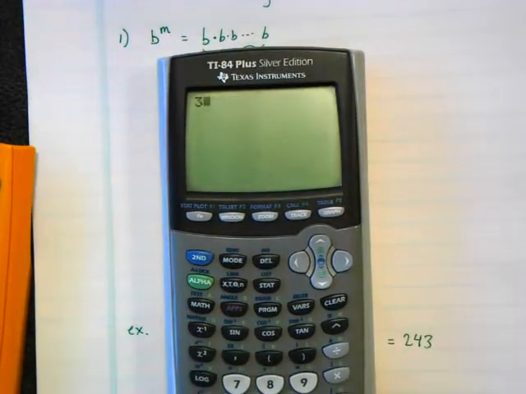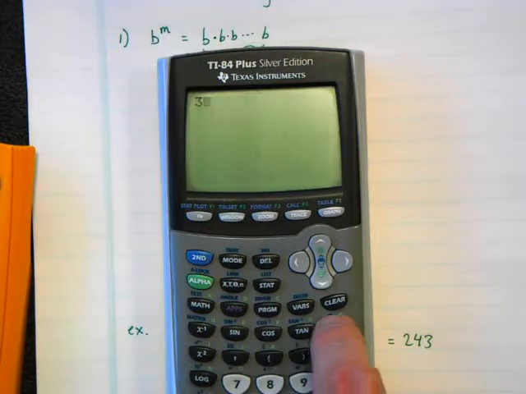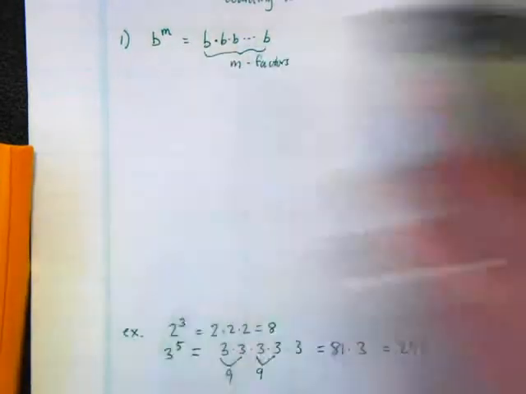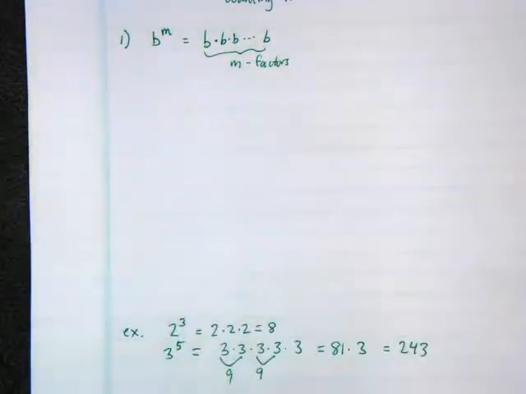It's called caret. It's this little thing here right above division. And on my calculator, I have the newer operating system. It actually puts the 5 up there as an exponent. If you have an older calculator, it actually draws the caret symbol and then puts a 5, and you hit enter. 3 to the fifth is 243. All right, so there's rule number 1. No surprise on rule number 1.